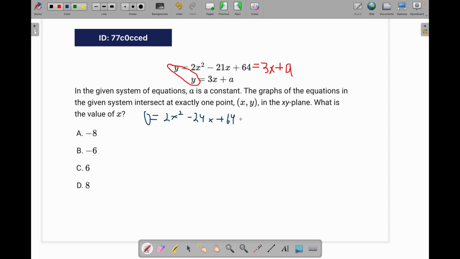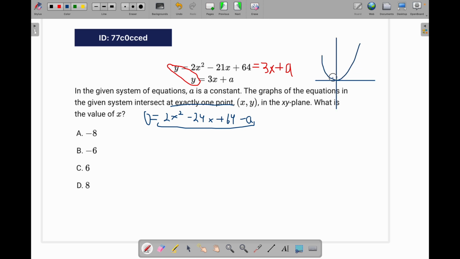So we have this equation right here. And when we look at the equation, they intersect at one point. But when you combine the two equations together, you have a new quadratic equation. And when they intersect at one point, just view it as it crosses the x-axis at one point here.